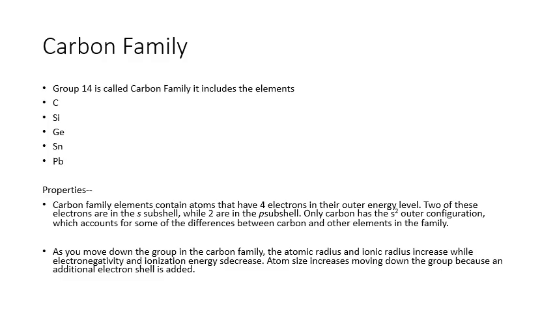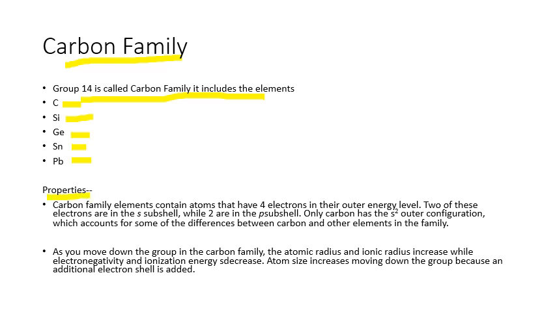So let's start our carbon family. Group 14 is called the carbon family and includes its various elements: carbon, silicon, germanium, tin and lead. So what are the general properties?